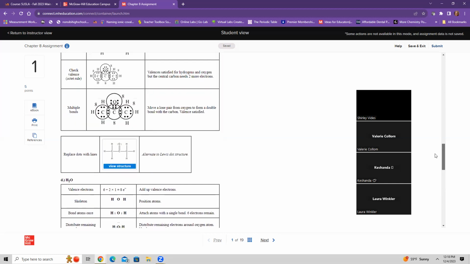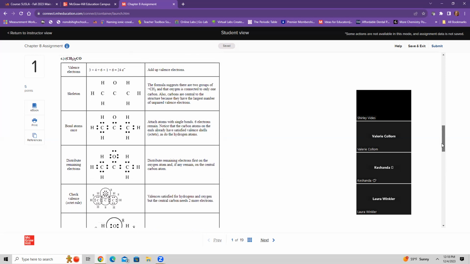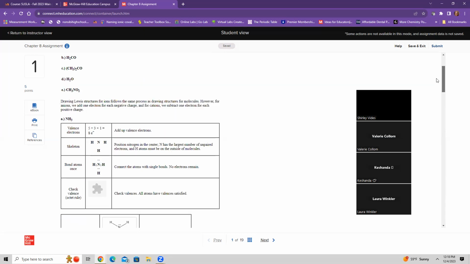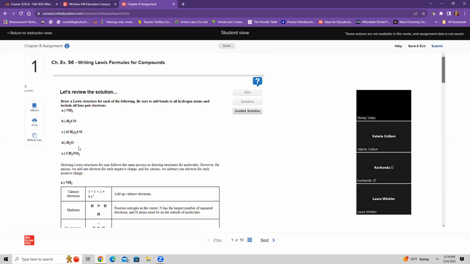This one is the exact same thing I drew, except for the Lewis dots, one came up on top. It doesn't matter where you put them. See, this one too. I drew exactly the same thing. That is frustrating. I see where you are with that one.